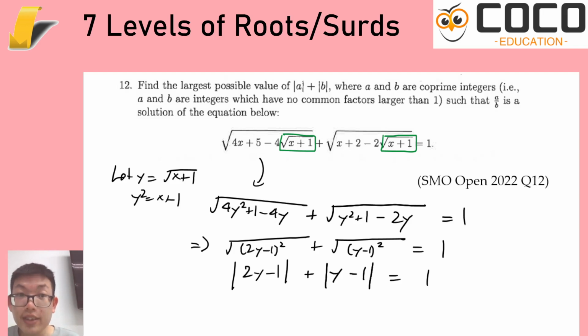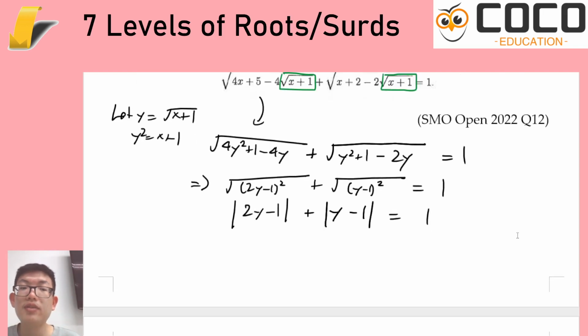Now, once you have that, this is not too hard. You will split into cases depending on which of these are positive. So, of course, we have already found that y equals to 1 is a solution. But what other solutions are there?